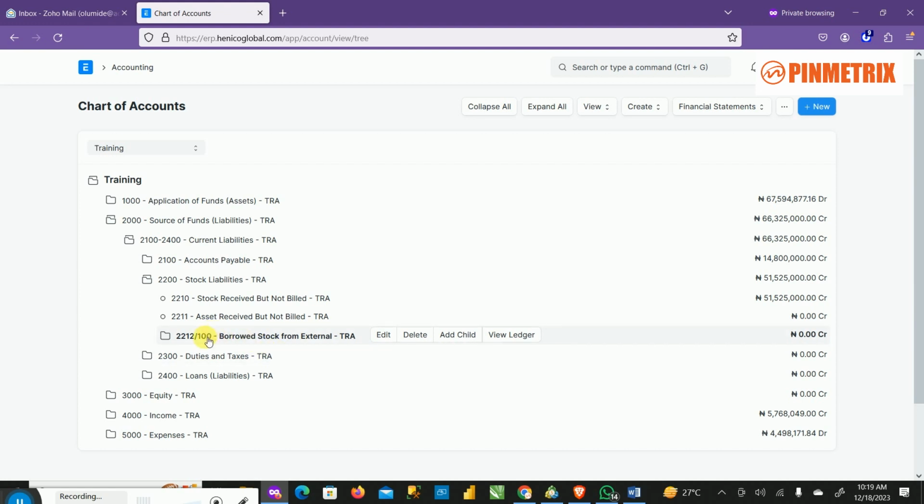So let's see. I've been able to explain how to return the ledger account when you are returning your borrowed product. What if you are lending to an external party? Because of the mutual agreement between both of you, they can come and say, "Please, can you lend me this quantity of this?"